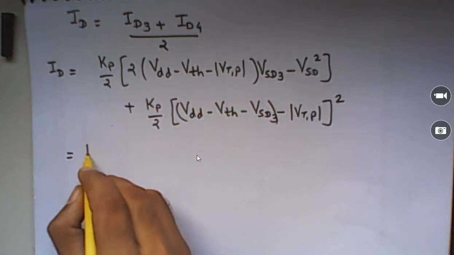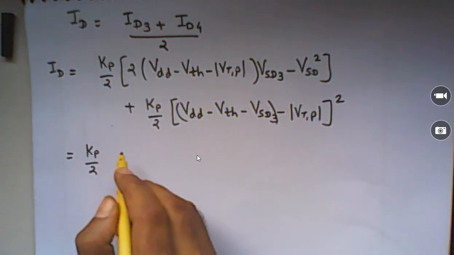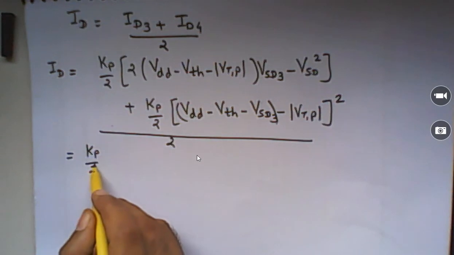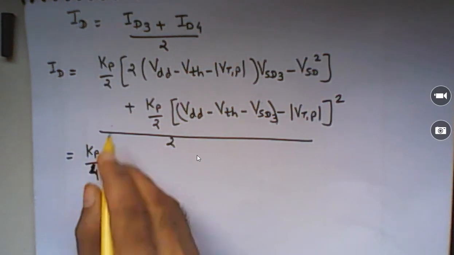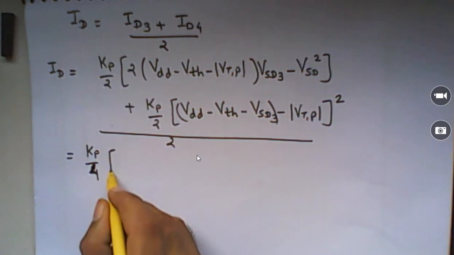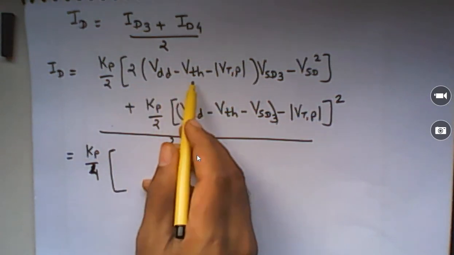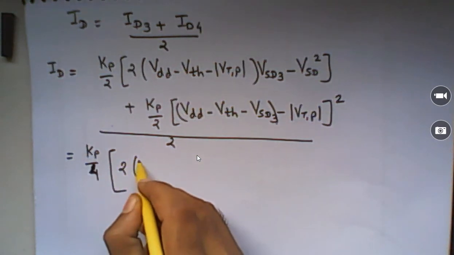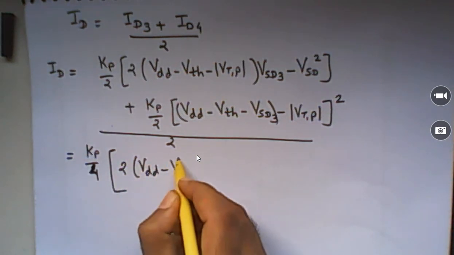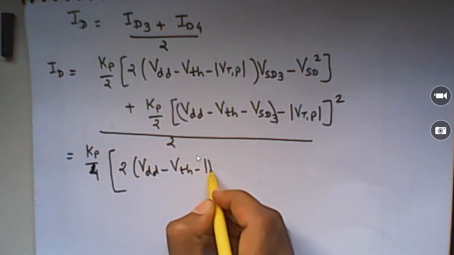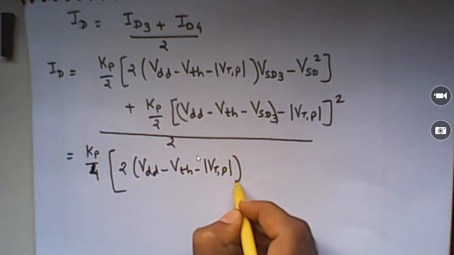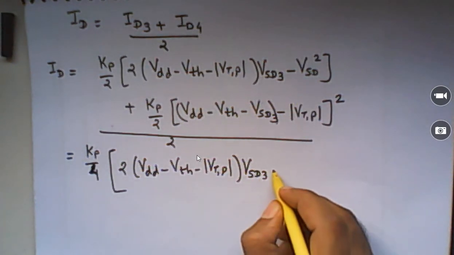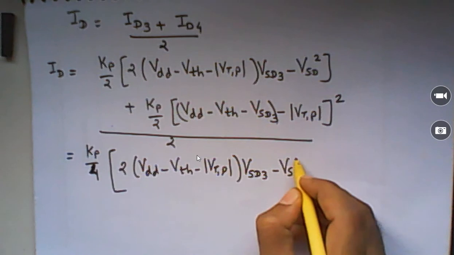Let's take Kp by 2 common from both, divided by 2, so Kp by 4 common, and in the bracket it is 2 times VDD minus VTH minus VTP times VSD3, so positive 2 times VDD minus VTH minus VTP into VSD3, minus VSD3 squared.